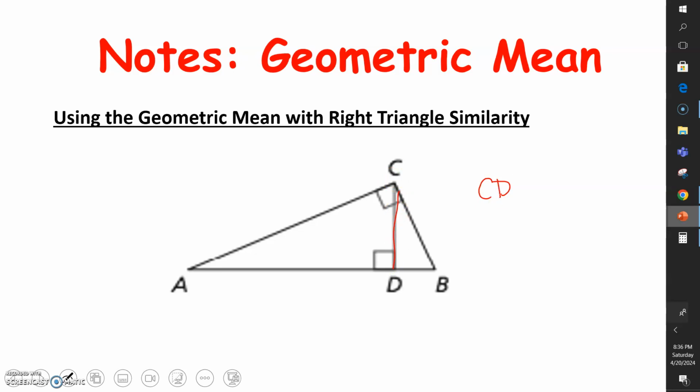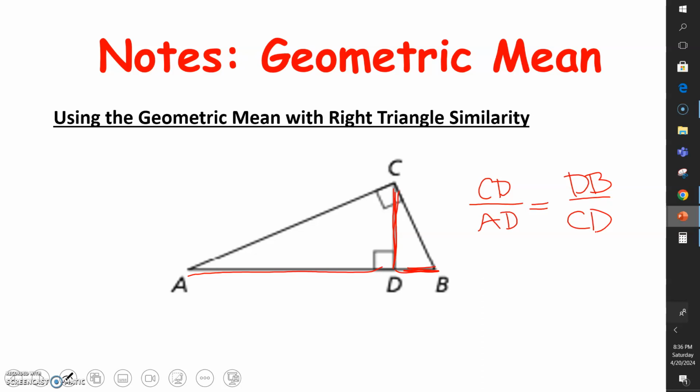And in the larger triangle, AD is the long leg. So we'll write a ratio of long leg over long leg. And then in the small triangle, DB is the short leg. And in the medium triangle, CD is the short leg. So we create a proportion comparing the long legs and the short legs of the small and medium triangle.